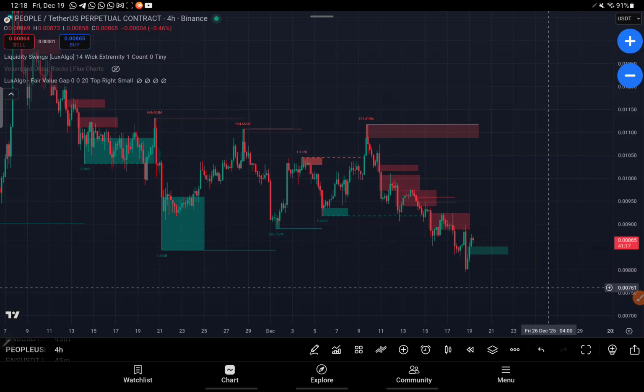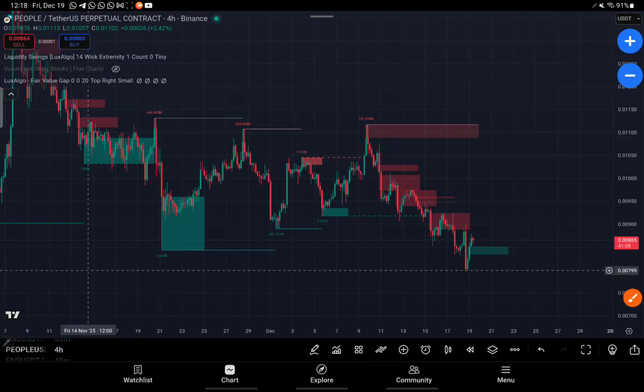Now you can see what we have here. We have a fair value gap here, a fair value gap here. So what you are expected to do is wait for the market to reverse to the downside. The market is going to do something like this, tap into this fair value gap.